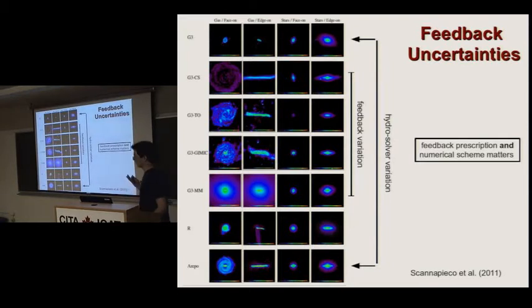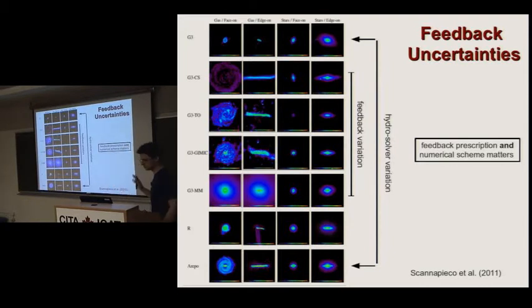They tried to simulate the same object, a Milky Way-like halo with gas, so you would expect to form some late-type spiral. Then they looked at the gas and the stellar distribution at redshift 0. These are just different codes here, and these are the results. And obviously this all looks pretty different.